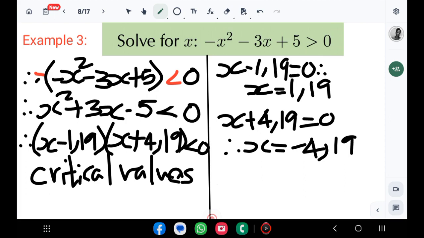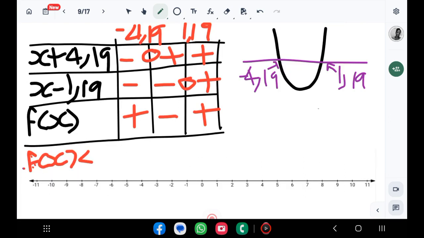It's negative when, let's see, when is it negative? Remember, we're not including critical values because there is no equal to in that. It's negative between negative 4/19 and 1/19.